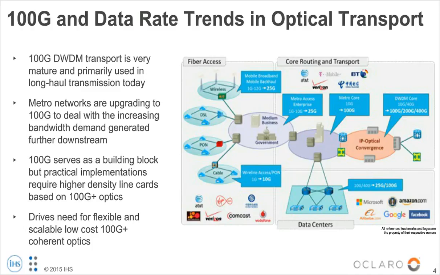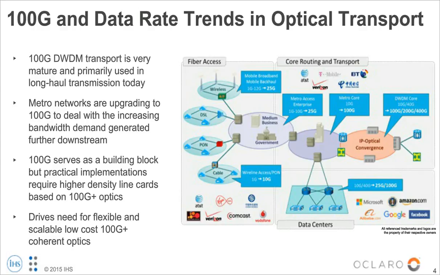But what I really want to focus on is the very right. If you look at the DWDM core, 100G has been deployed for many years. It's a very mature technology, and people are now starting to look at 400G, what they can do in the next few years. But to deal with all the bandwidth that's generated further downstream at the users, at the enterprises, in the data centers, there's a lot of pressure now for the metro to upgrade to 100G as well.